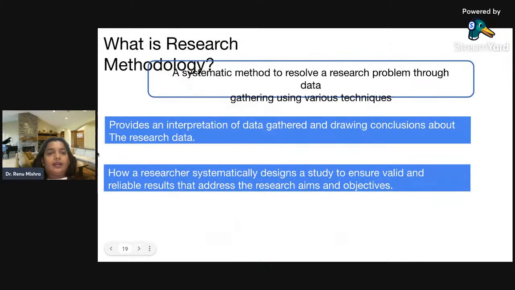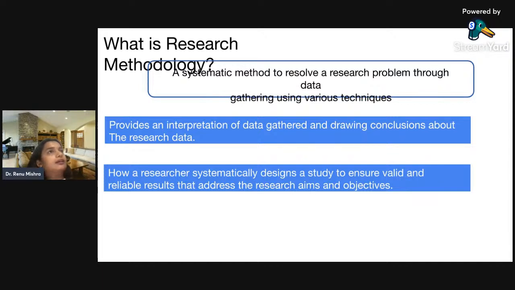Now coming to understanding what research methodology is. I gave you the example that, let's say, you're building a house, and the different types of tools and techniques used to make the house are research methods. The plan and the blueprint of making that house is research methodology.